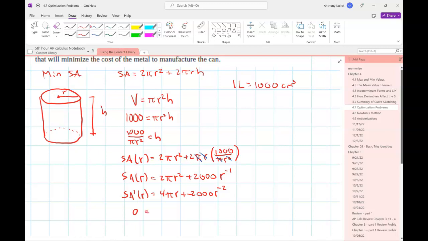So I'll set this equal to 0. Oh, what did we forget to do, guys? Yeah, what's my domain here going to be? Well, what if r is less than 1?